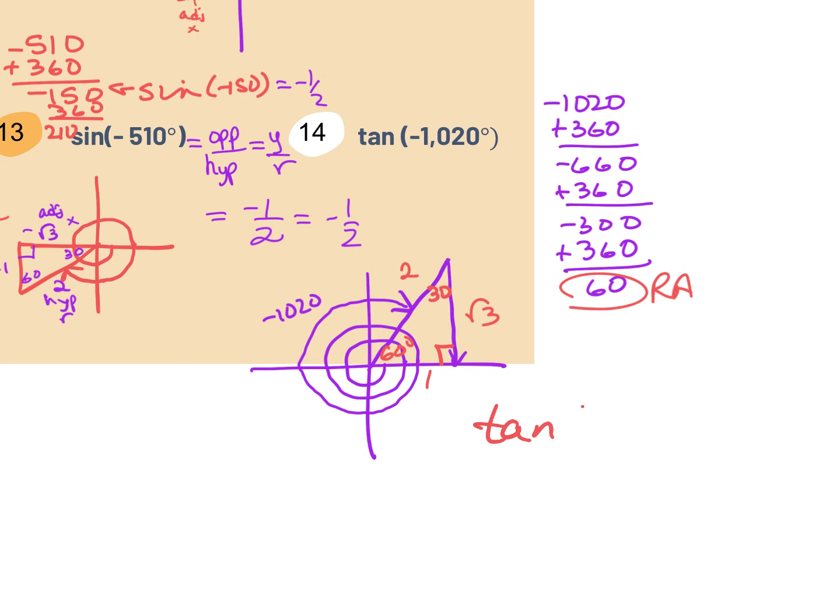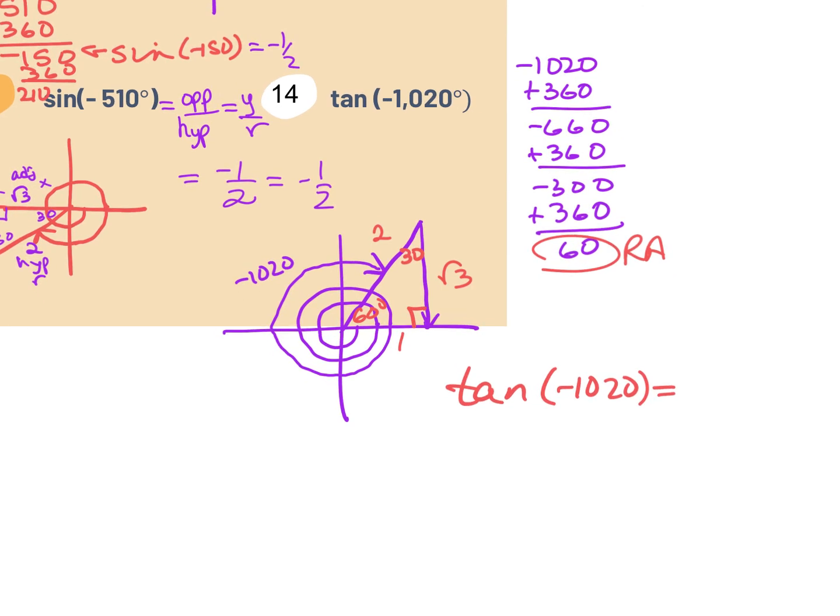Tangent. Let me just rewrite it down here. So tangent, remember, TOA, opposite over adjacent, or y over x. And in this case, let me label these. This is adjacent, which is your x, opposite, y, hypotenuse, r.